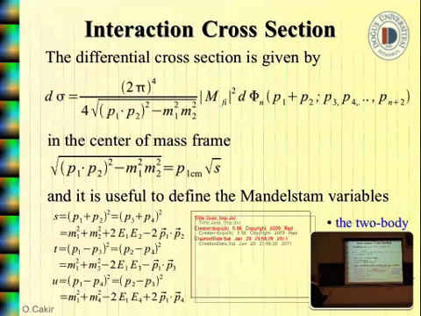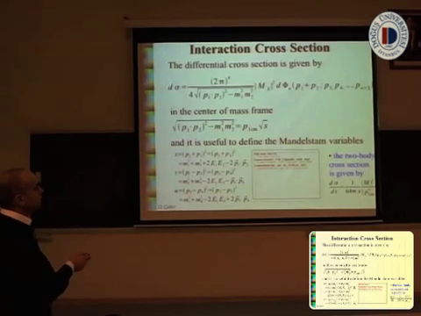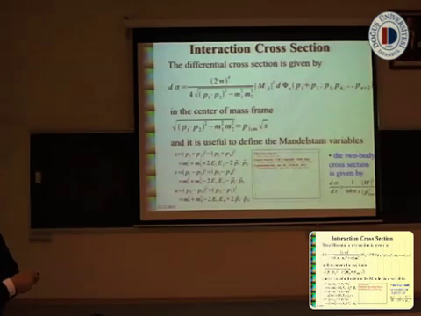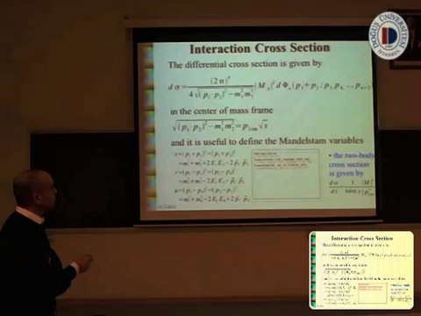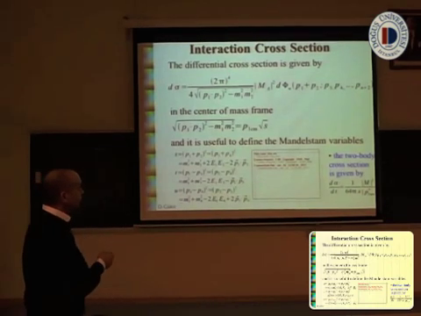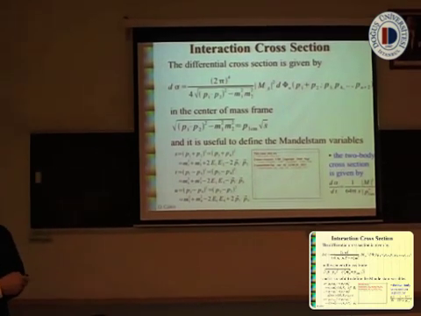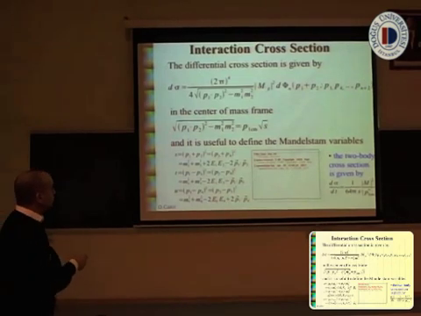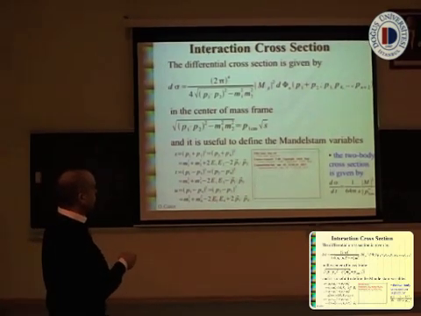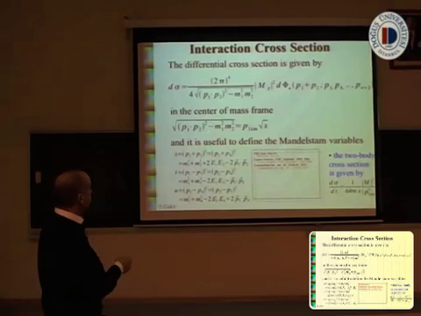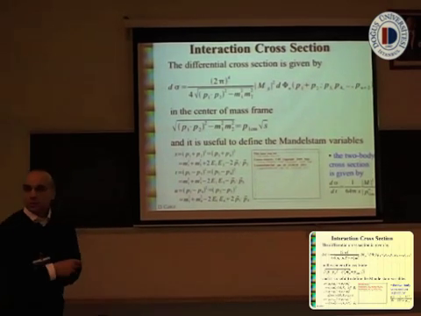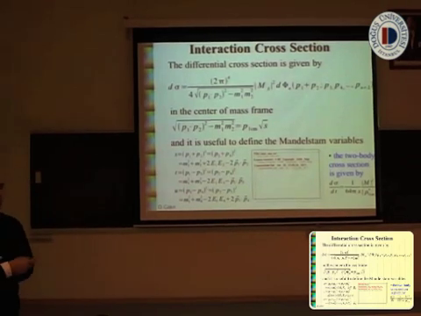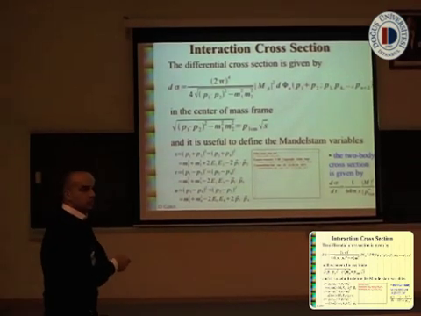This one is a phase space factor here, the differential phase space factor, and this one is the matrix element squared or amplitude squared, and this one is the flux factor for the incoming particles. If we go to the center of mass frame, then it will be the center of mass momentum of the first particle, and then the energy.